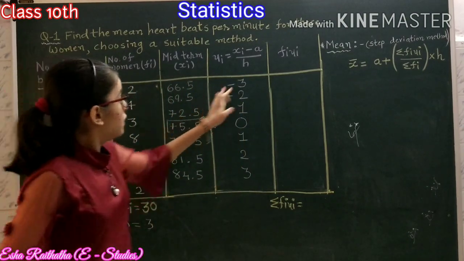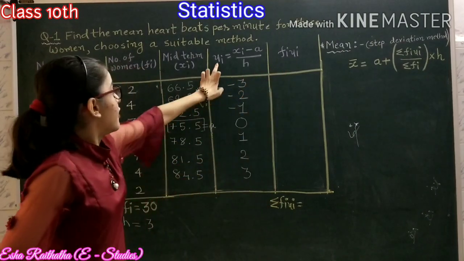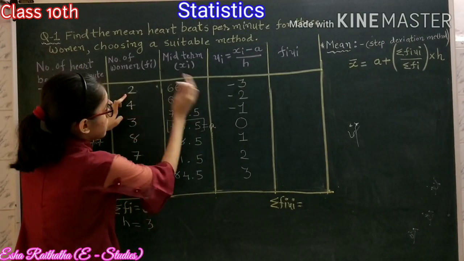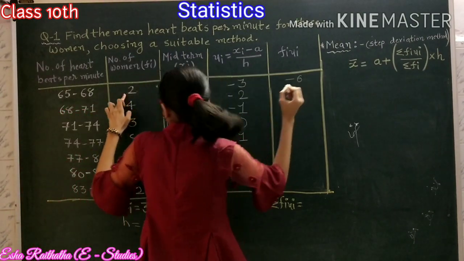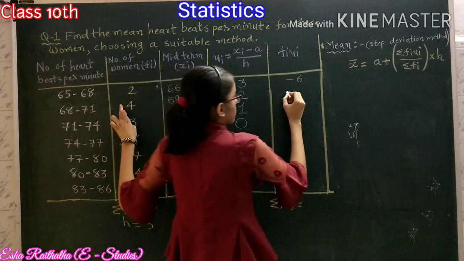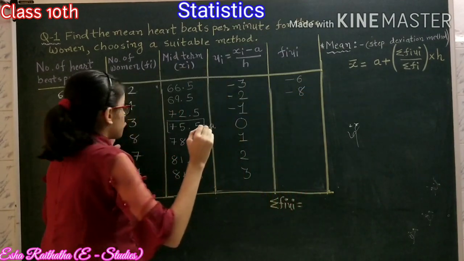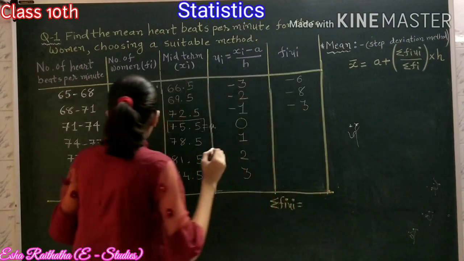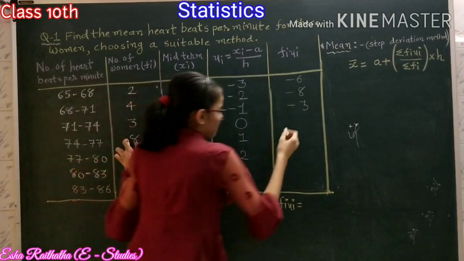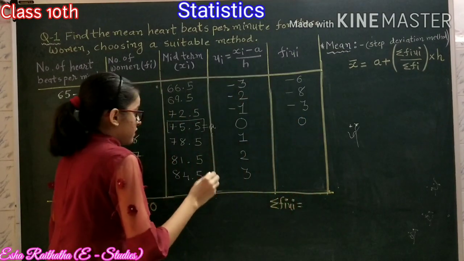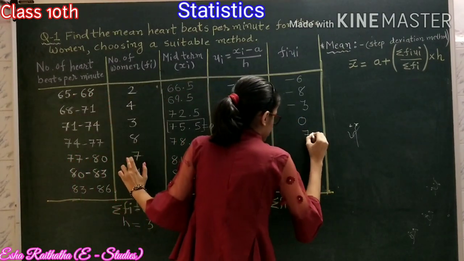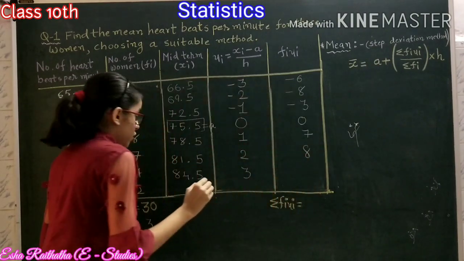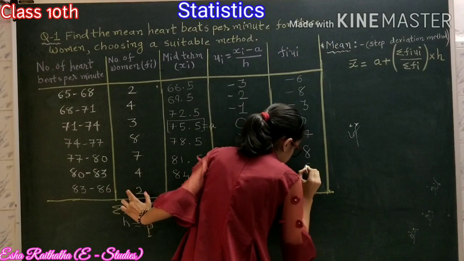Now we have to find fi ui, meaning f into ui. So we do 2 into -3, which is -6, 4 into -2, which is -8, and 3 into -1, which is -3. Now 8 into 0 is 0. 7 into 1 is 7, 4 into 2 is 8, and 2 into 3 is 6.